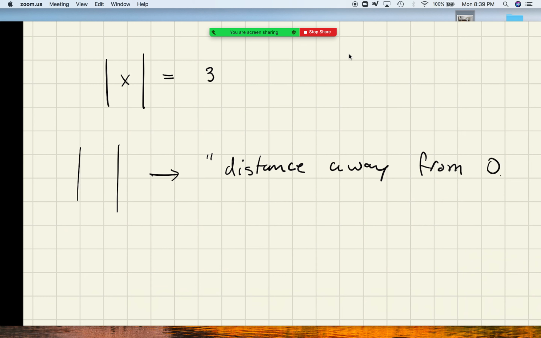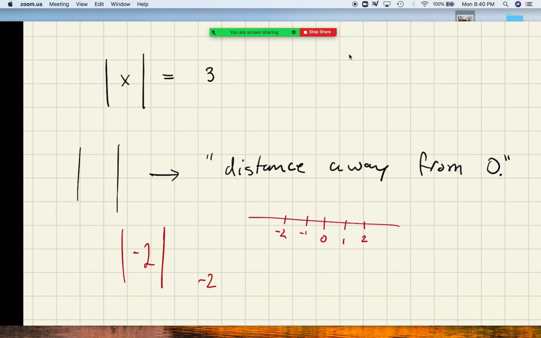So if I said the absolute value of -2 on a number line, I have 0 here, I have -1, -2, I have 1 and 2. If I say -2, that just means this spot.